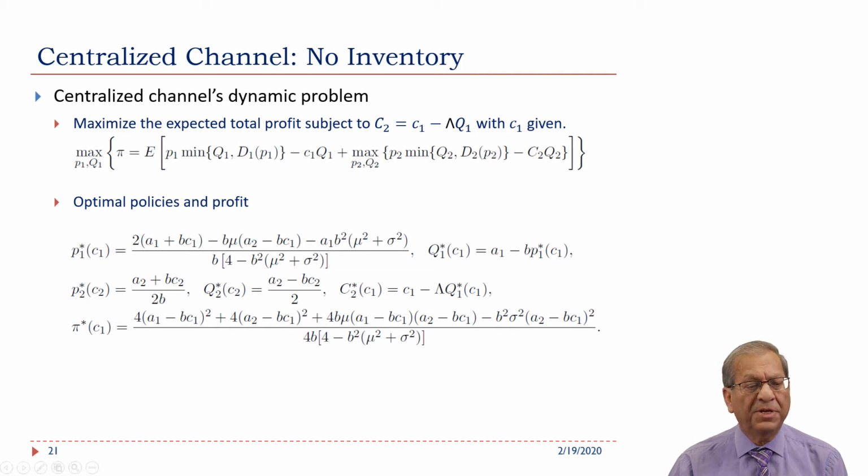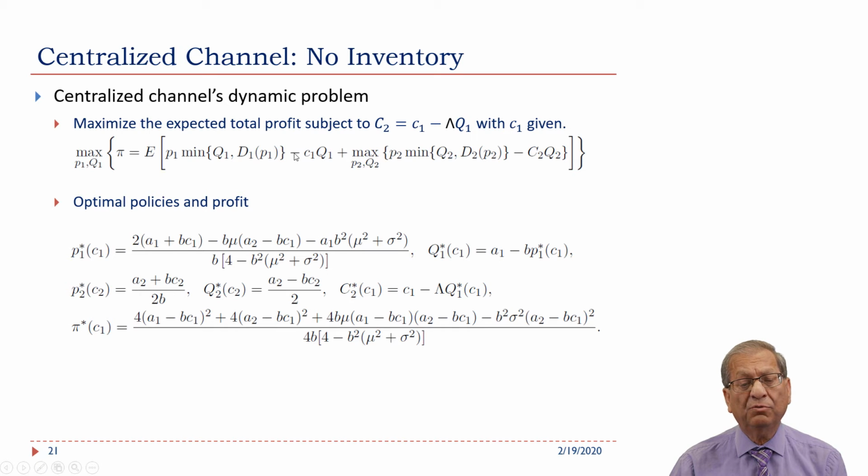There is an objective function that the manufacturer wants to maximize. The objective function is the expected value of the profit in each of the two periods. If you look at the first period, it's price times the sale. The sale is the minimum of production quantity and the demand based on that price. So that would be the sale, and there will be a cost of production which will be subtracted from the revenue.